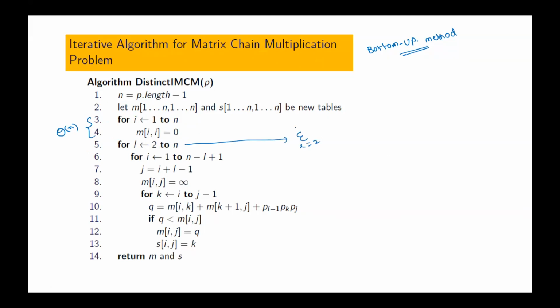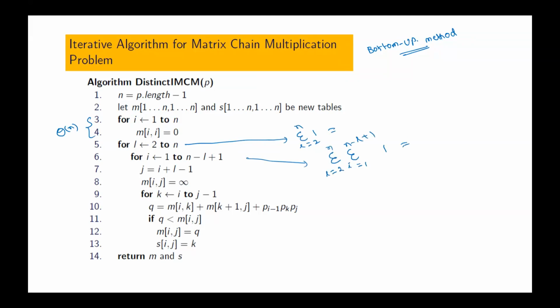It is repeated for each value of i from 1 to n minus L plus 1 one time, but this entire thing is repeated for each value of L from 2 to n.